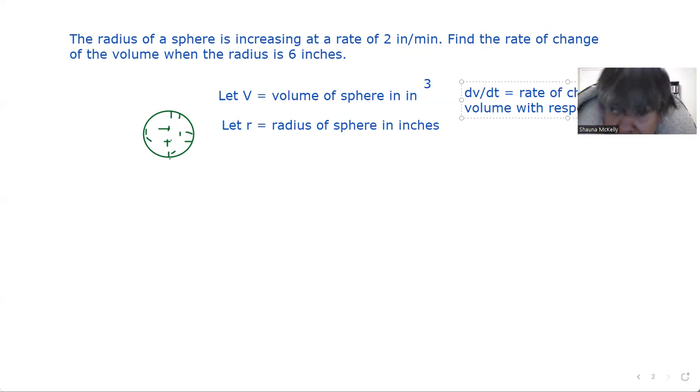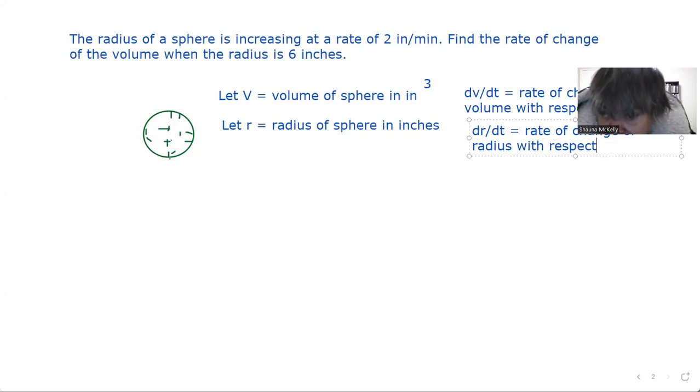Now, sometimes this will change with respect to other things too, but in this case, it's only changing with respect to time. And dR/dt is the rate of change of the radius with respect to time, okay?